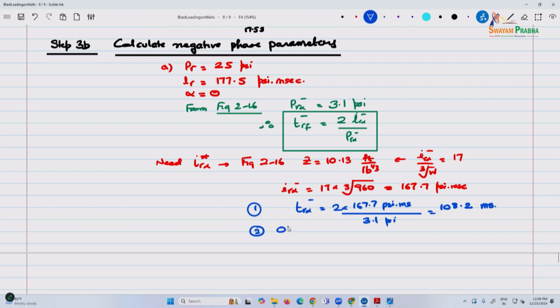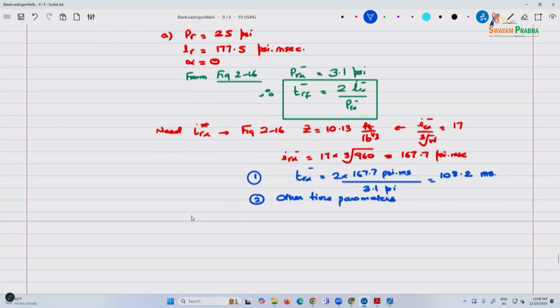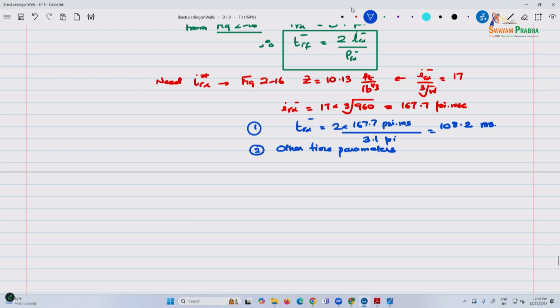Then other time parameters. There are 3 other time parameters. One is 0.25 TR negative alpha, so this is 0.25 times 108.2, which is 27 milliseconds.